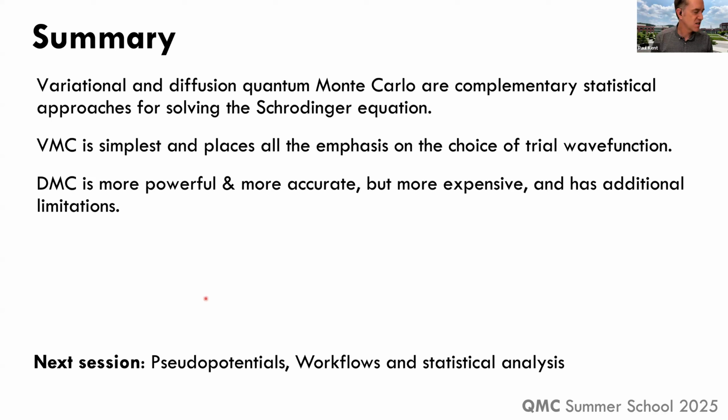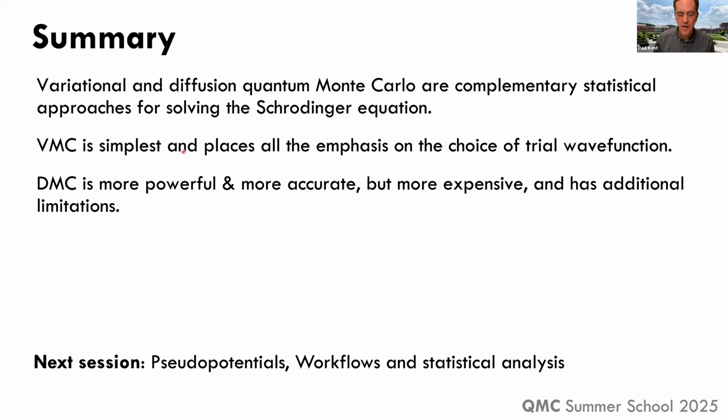So, last slide before moving to any questions. I spent my time here outlining the two main workhorse methods, variational and diffusion quantum Monte Carlo. And these, of course, have different properties and are quite complementary. First of all, variational Monte Carlo is our starting point.